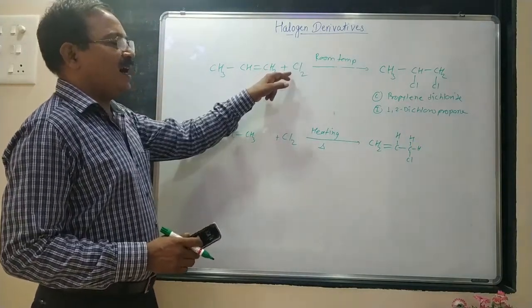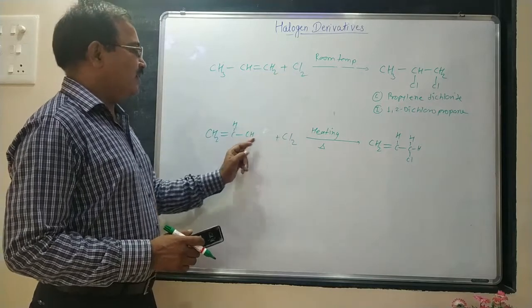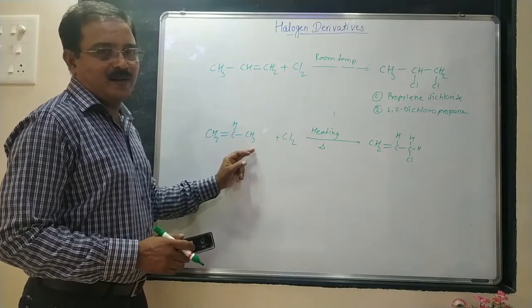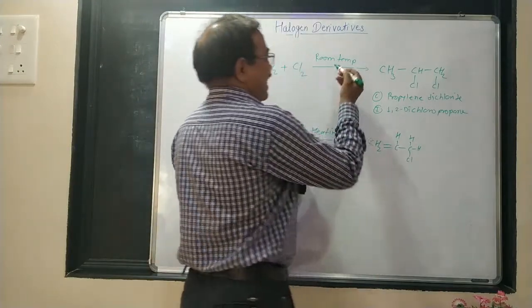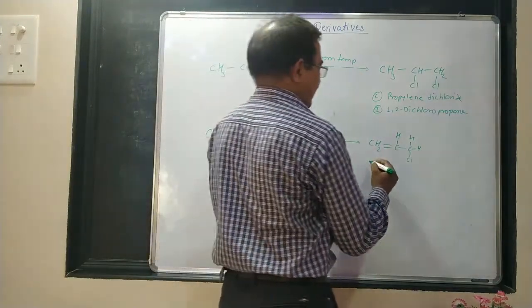Here an addition reaction is carried out in the first case, and here a substitution reaction is carried out. So this is the difference between the reaction carried out at room temperature and the reaction carried out at a high temperature.